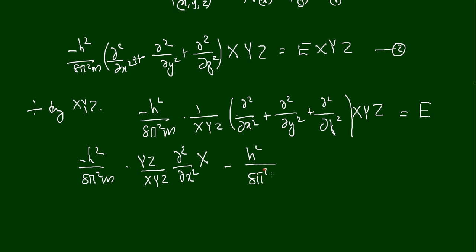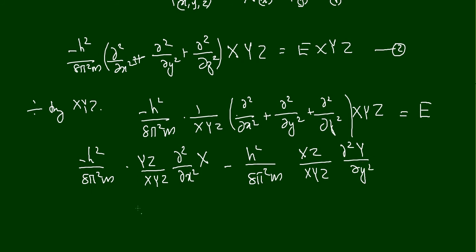Then, minus h square divided by 8 pi square m, into dou square by dou y square acting on XYZ. That is 1 divided by XYZ into XZ, so I can write XZ divided by XYZ into dou square Y by dou y square.